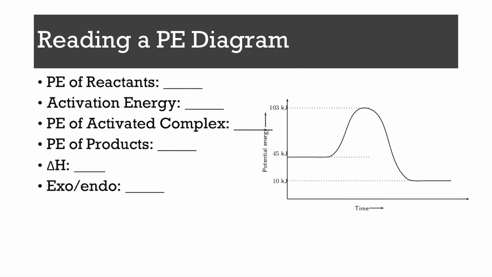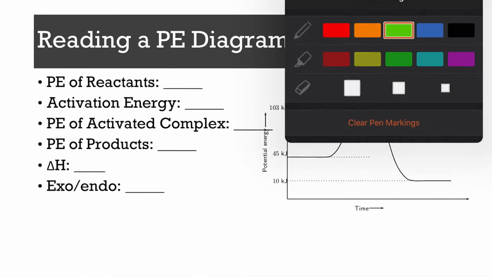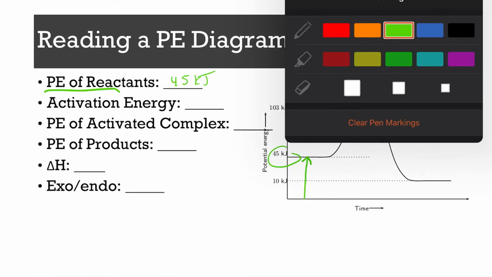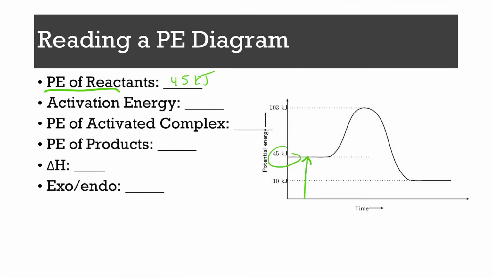So let's go ahead and answer some questions. So PE of reactants. So again, that is where we're starting. And so that's 45 kilojoules. You're just looking at the graph. Our activation energy is from here, where you start, to the top.